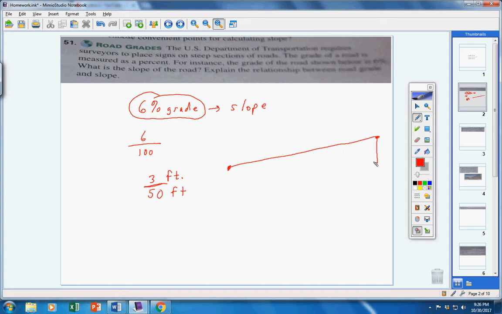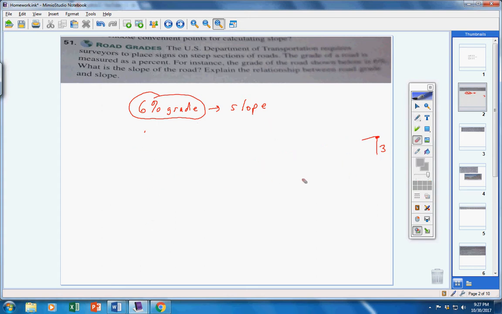So, if you could draw a right triangle, if you drop down 3 feet, then you traveled horizontally 50 feet. There you go, you did it. It's that simple. It could be feet, yards, inches, miles, whatever. So what is the slope of the road? 3 over 50.